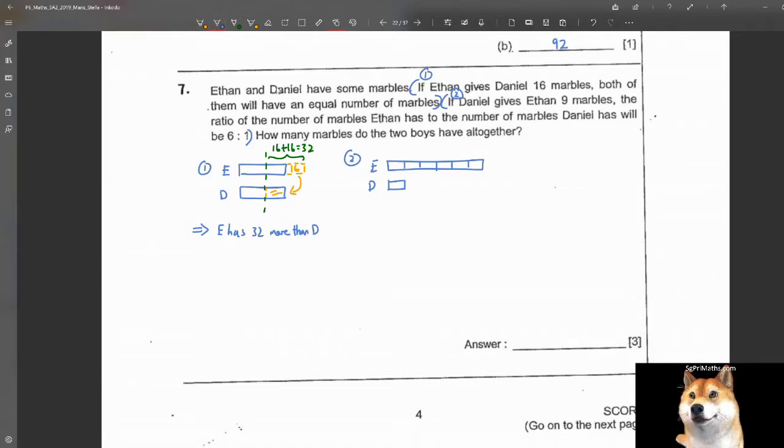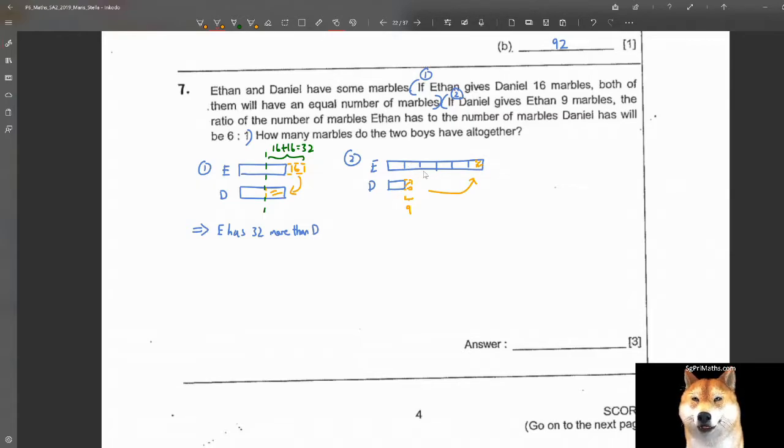Okay, but before they get to this, Daniel gives Ethan 9 marbles. So this is 9, and the 9 is somewhere around here.